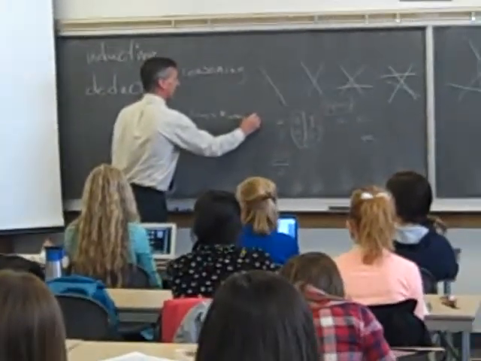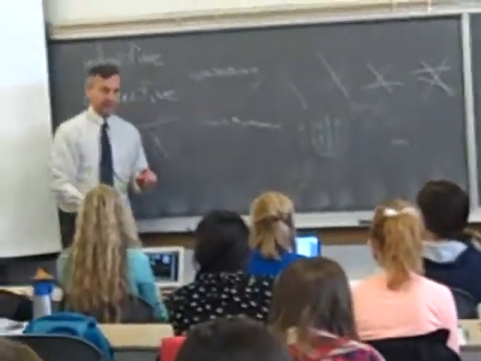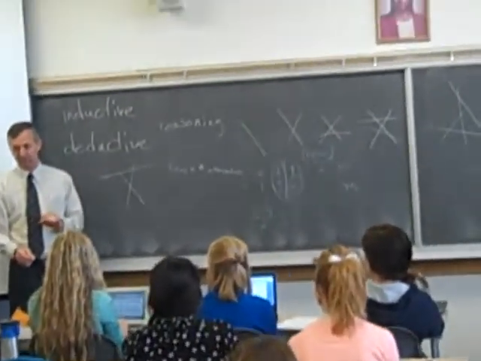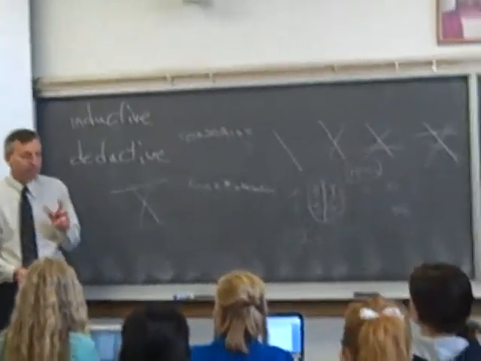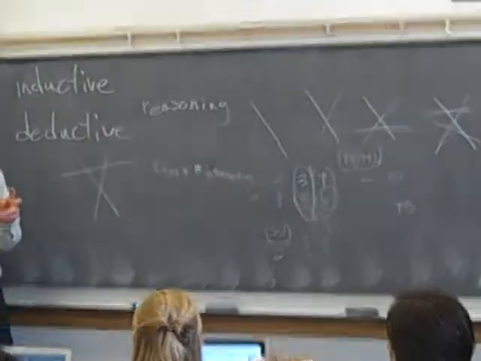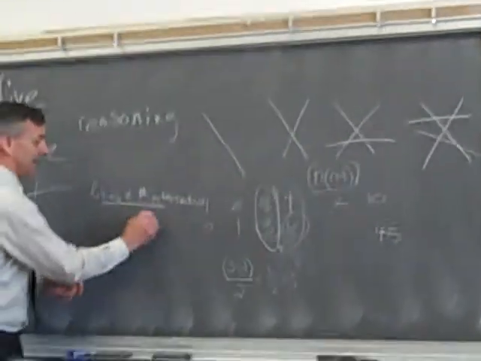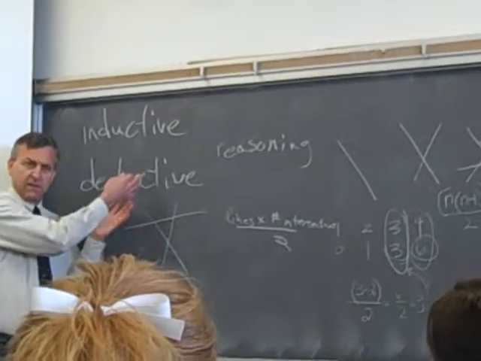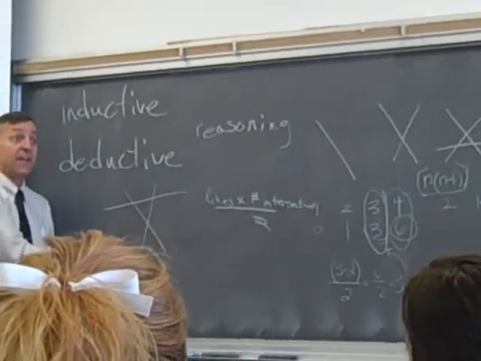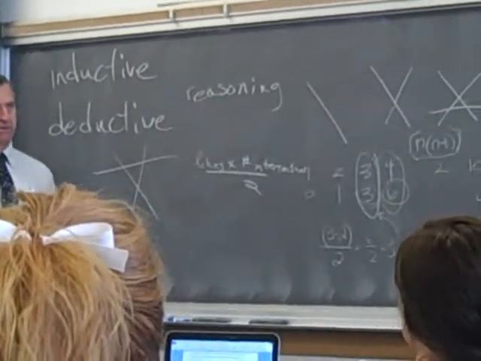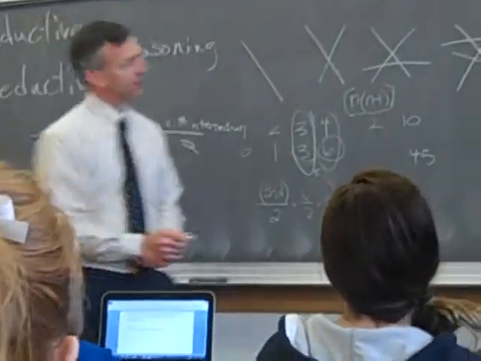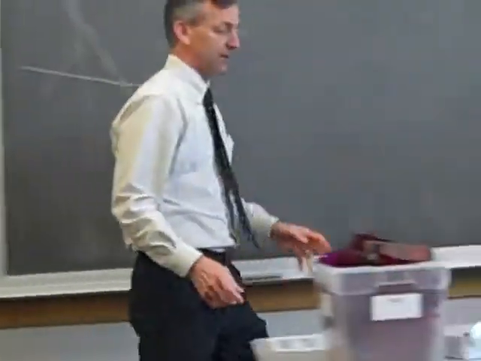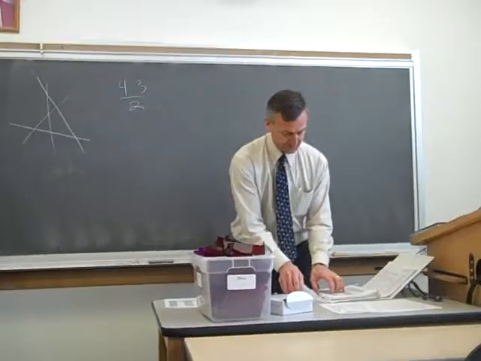That should be the total, right? Except for one thing. What? We double count. So we have to divide that by 2. Now we have logically worked our way through the point. Now we know that it's true. Okay? We've got to hurry because we've got lots to do today.